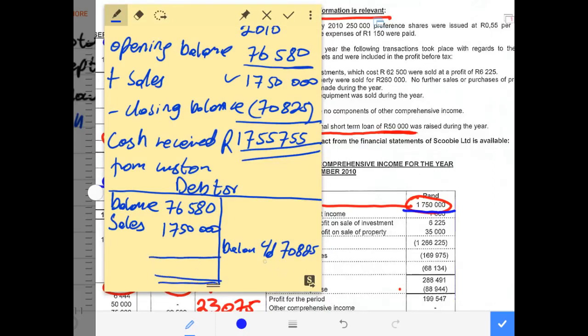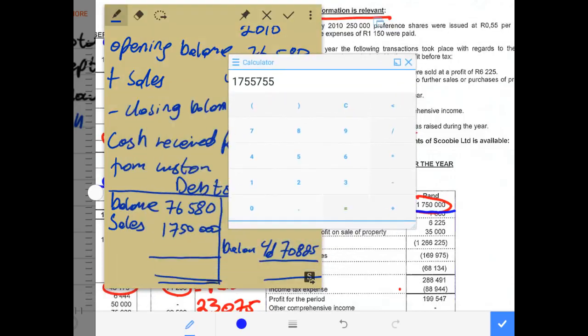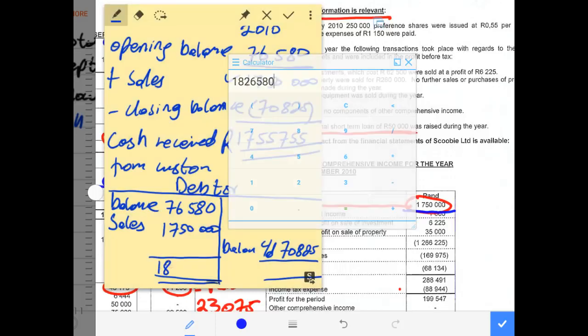Then we can balance our ledger account. That means we have to take the total of the bigger side, and the bigger side is the debit side. Our debit side will be 76,580 plus 1,750,000 rands, which is 1,826,580.